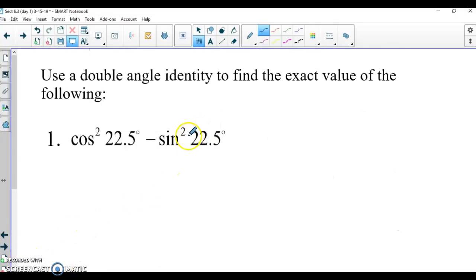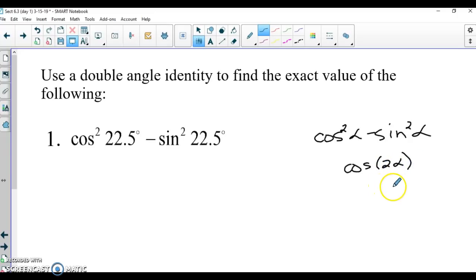All right, another type of problem you'll see will look like this: cosine squared of 22.5 minus sine squared of 22.5. If you look at your identity sheet, that'll look like cosine squared alpha minus sine squared alpha. And if you have that, that means we can rewrite that as the cosine of 2 times the angle.